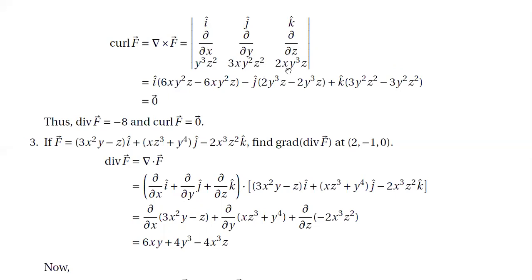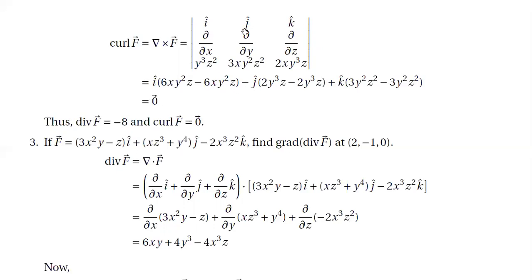So if you multiply, you get 3 into 2, 6xy square z, minus dou by dou z of this particular term. If you differentiate this term with respect to z, you get 3xy square into 2z, which will give you 6xy square z. So you can see that 6xy square z will cancel with 6xy square z. So you get 0i here.